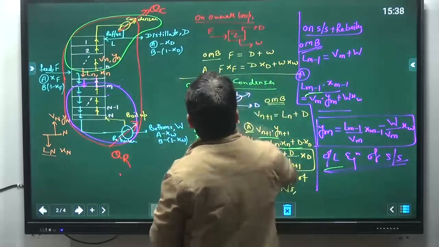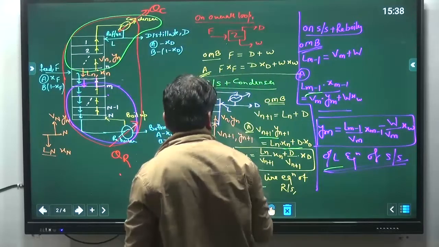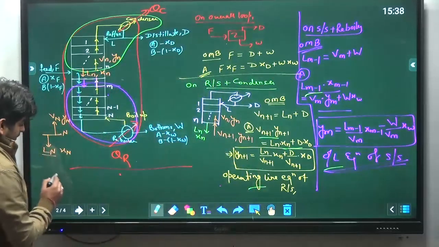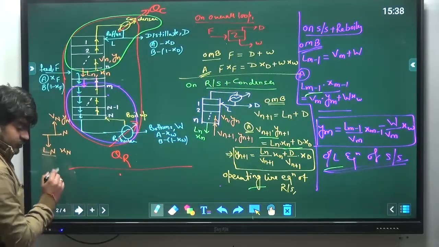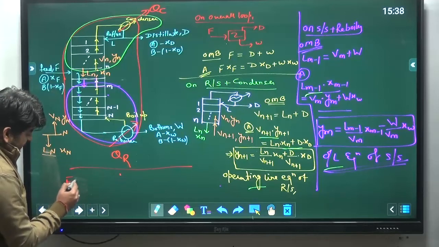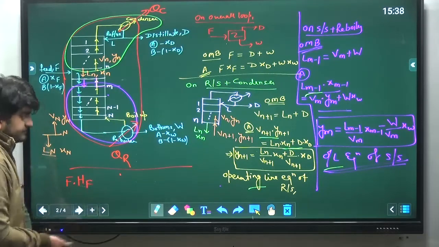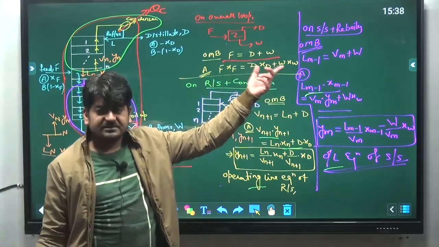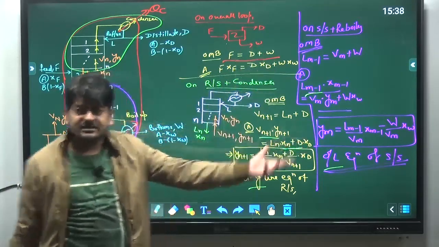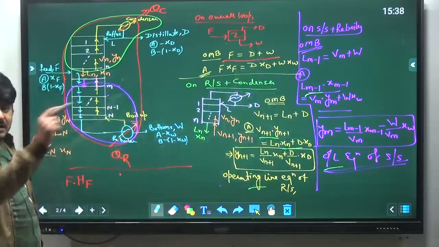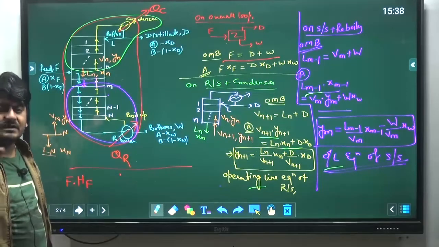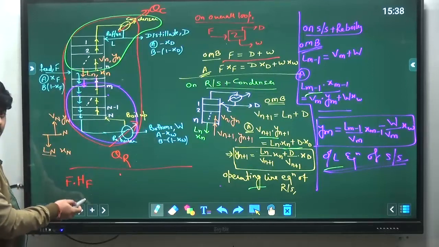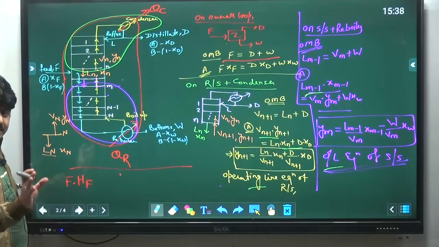So for the overall loop, the energy balance will be total energy in, F into HF. The mole balance equation was F equal to D plus W, the overall mole balance. So the overall energy in is F into HF, where HF is the molar enthalpy of feed. Mole per second, joule per mole, gives joule per second now.